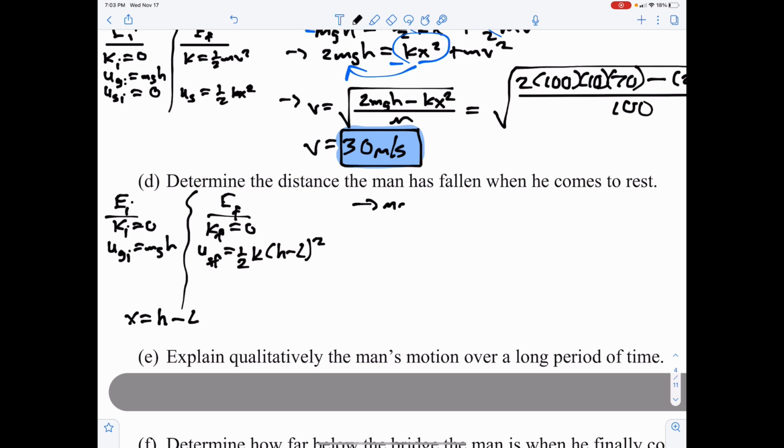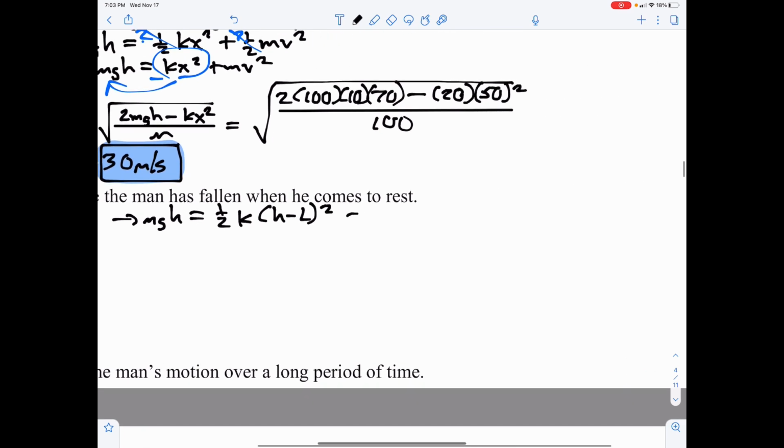So we have mgh is the initial energy equals 1/2 k times h minus L quantity squared. Well, that's going to be mgh equals 1/2 k, and I'm going to expand that binomial squared, and that becomes h squared minus 2hL plus L squared.